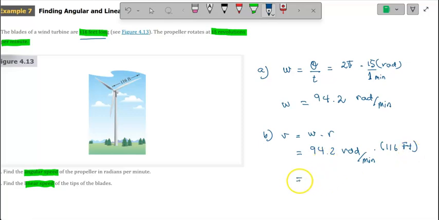All right, so this should give you 10,927.2 feet per minute.